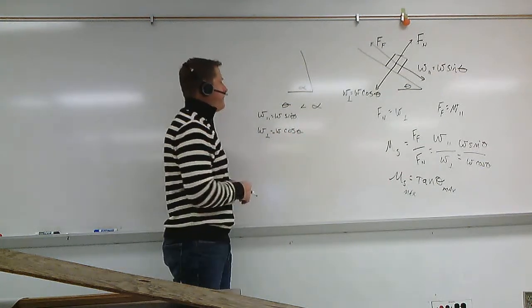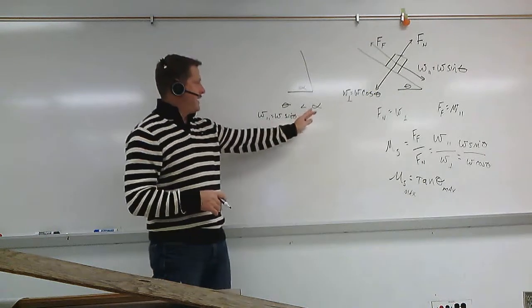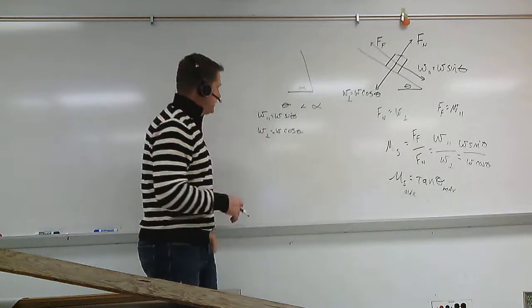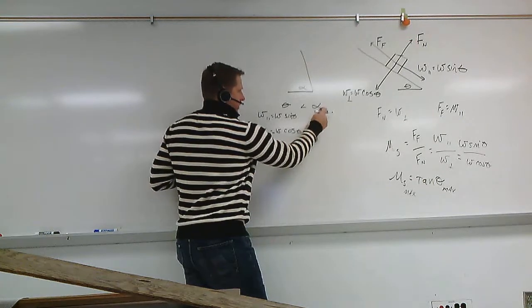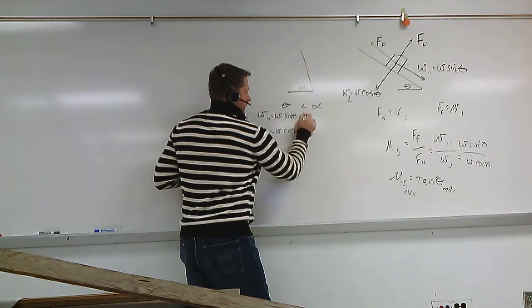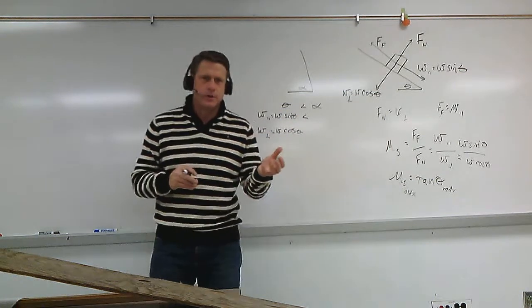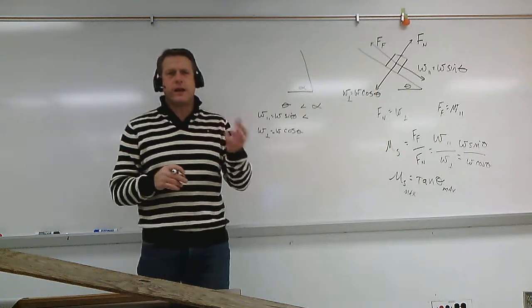Well, what happens when I have an angle that is bigger than a different angle? If this angle goes up, the sine of 0 is 0, and the sine of 90 is 1.